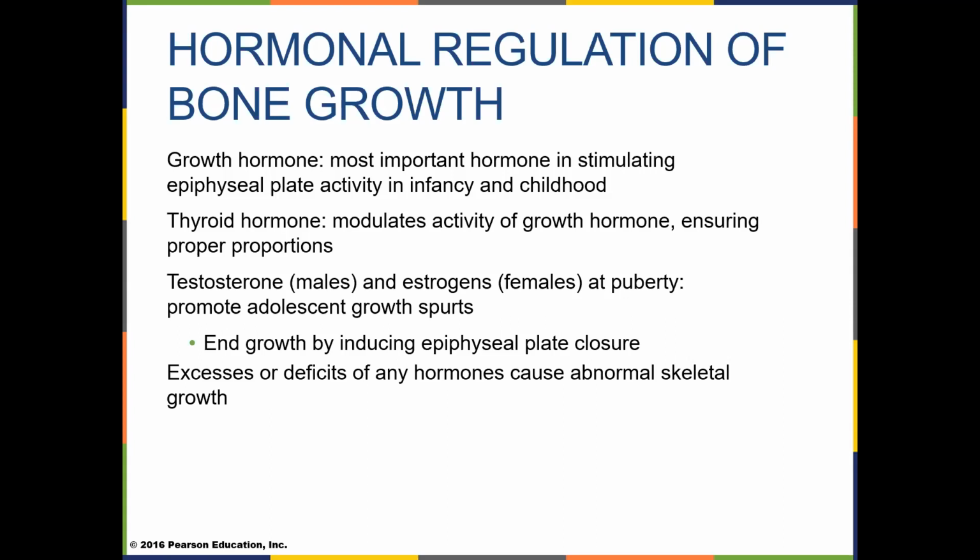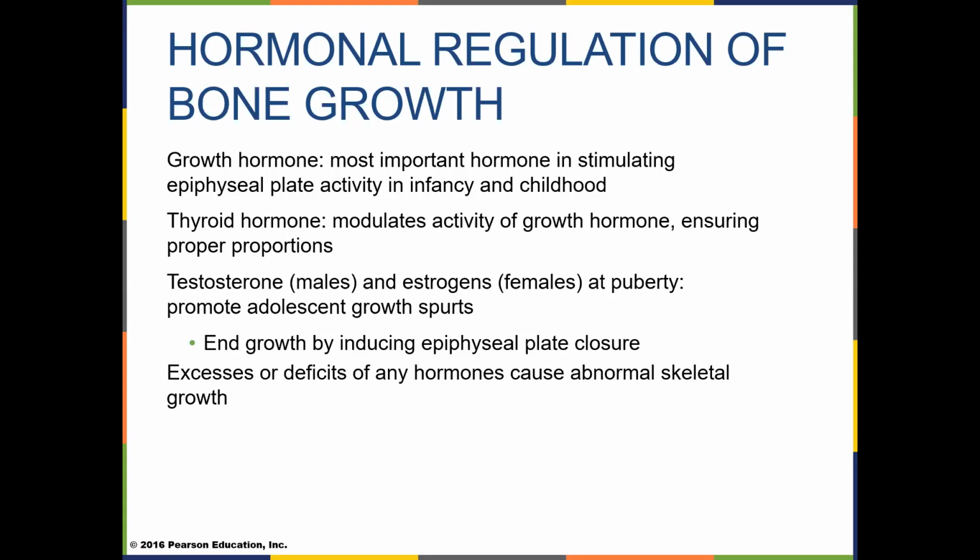Now, what happens with the female is the amount of estrogen produced by the female causes rapid growth. A female going through puberty will have rapid bone growth and reach her adult stature very quickly.